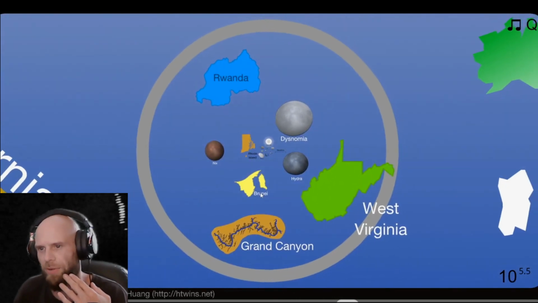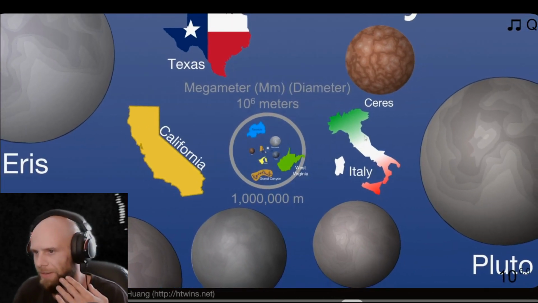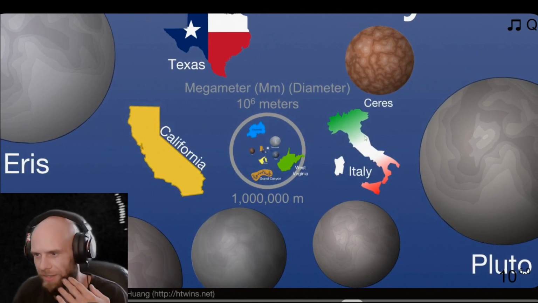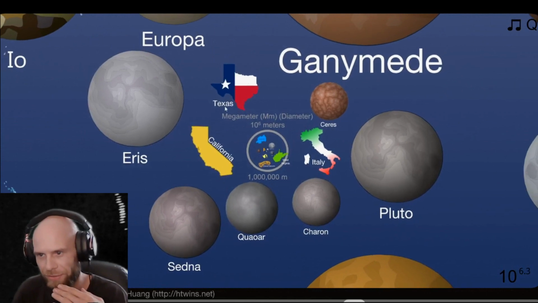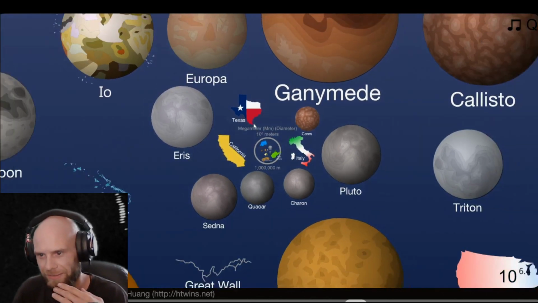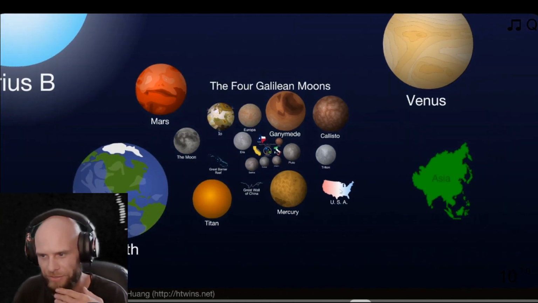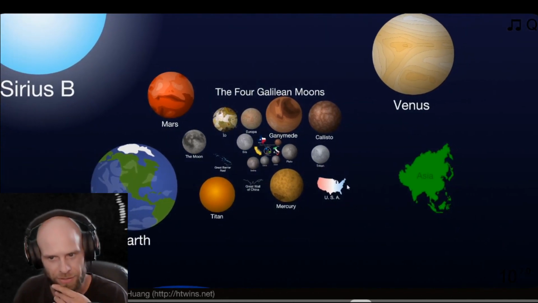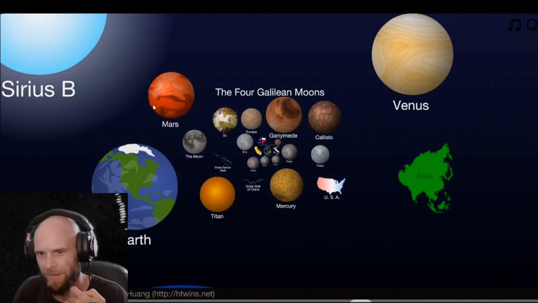I guess it's not that surprising. Wow, Italy. You've got some land mass. And then there's Texas. Okay, and here we go. There's the USA. There's Earth, which you can see. USA will fit nice and proper right there, right? Mars, Venus. Asia, you're friggin' huge, man.